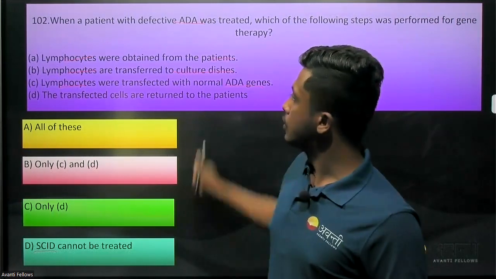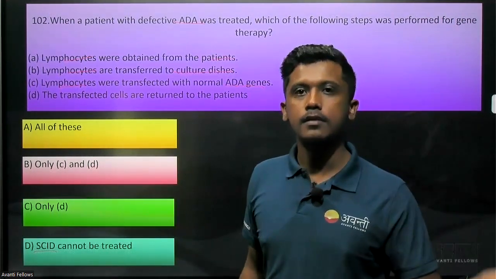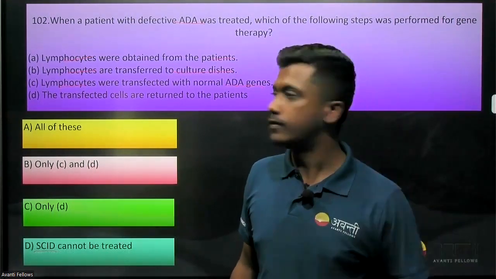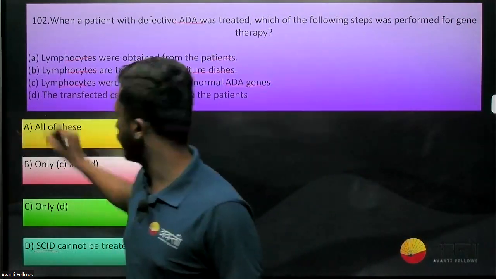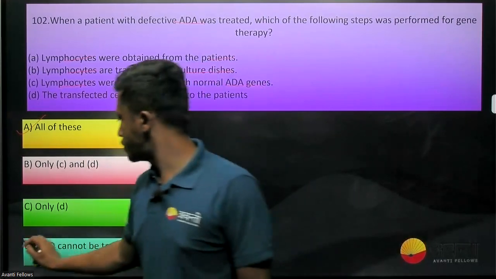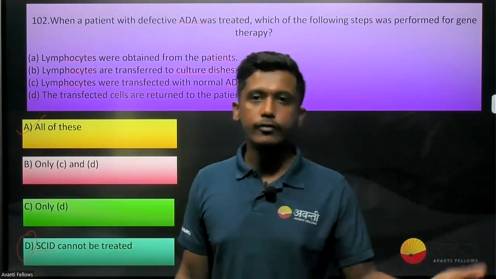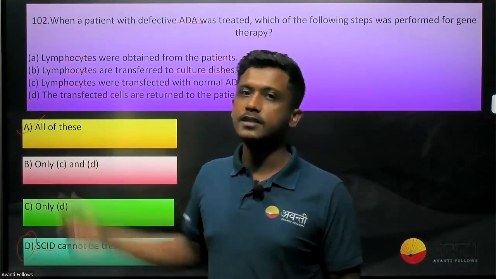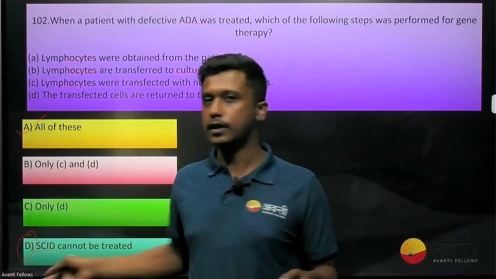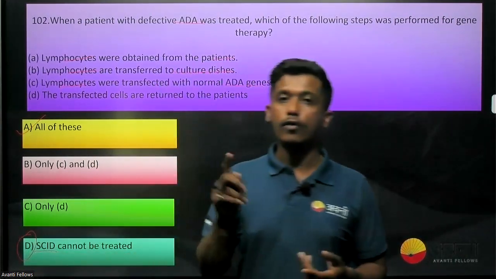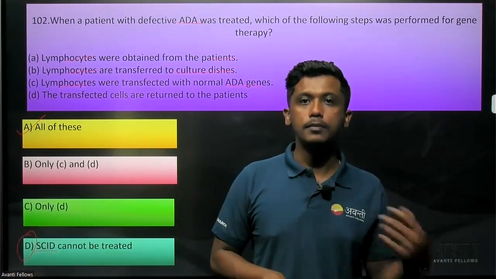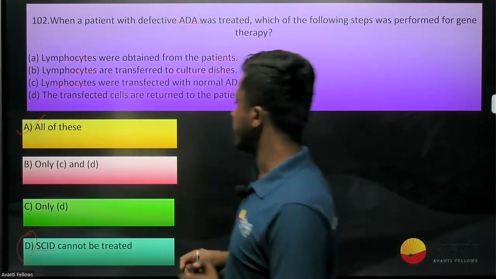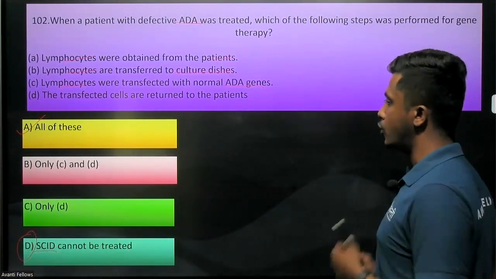All of these steps are uniform and happen one after the other, so all of the above are correct. That is why I go for the first option. Now coming to the last option, that SCID cannot be treated: we do have treatment for SCID. Apart from gene therapy, we go for enzyme therapy, or in some cases bone marrow transplantation. So option D is wrong.